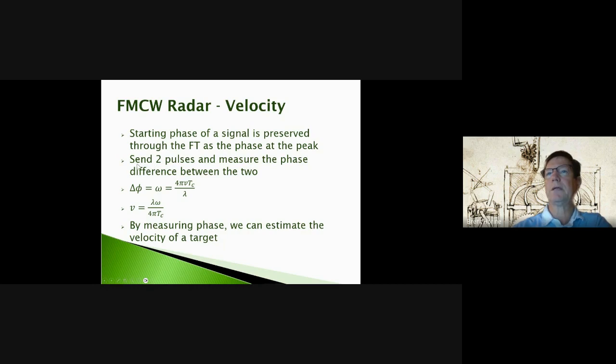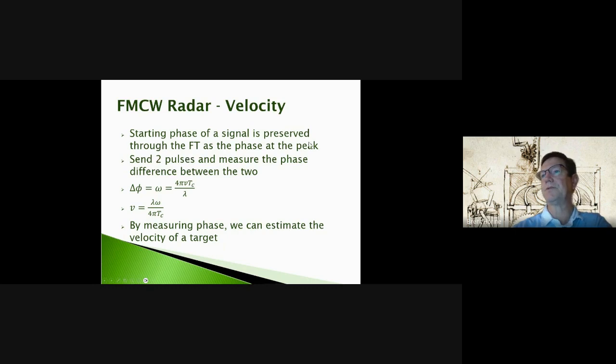So if we wanted to measure velocity, let's send 2 pulses and measure the phase difference between the 2. We'll send a pulse and measure the phase at that peak. So we've got to find the peak, then look up the phase at that point and save that.